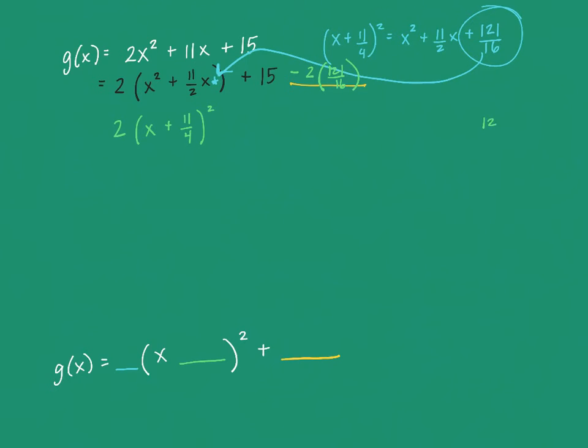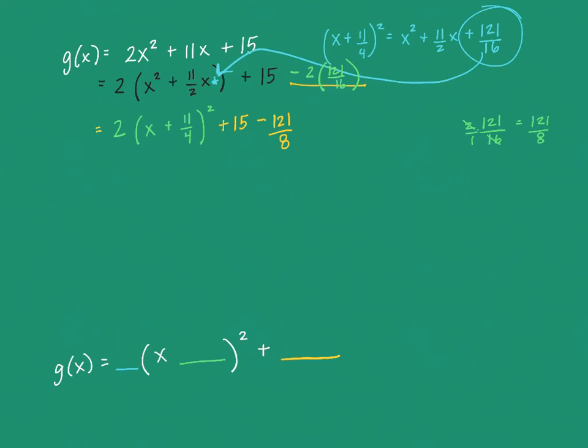So 121 over 16 times 2, or the same as times 2 over 1, we know that we're going to cancel out the 2 and the 16, and I'm going to be left with 121 over 8. So that right now leaves me with the problem 2 times x plus 11 over 4 squared plus 15 minus 121 over 8. So this is the part that I still need to simplify.